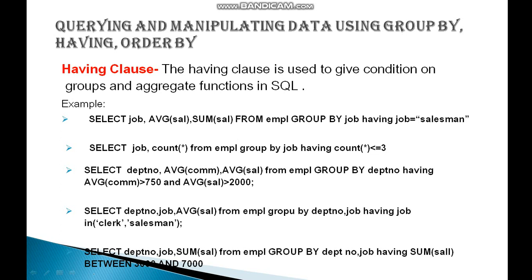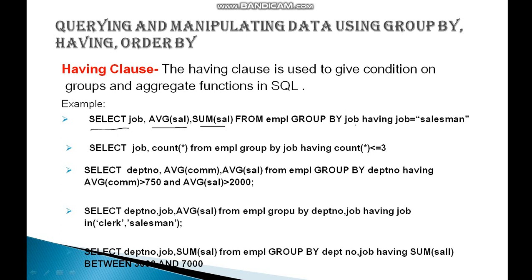Okay, first SQL query, what is written here: select job, average salary, sum of the salary from employee, group by job, having job equals to salesman. So see what they are doing. First of all, they are selecting the job. Then for each and every job, they are finding the average salary and sum of salary, group by job, means they are just grouping the job.